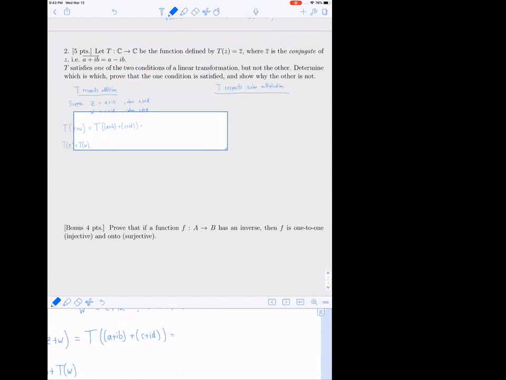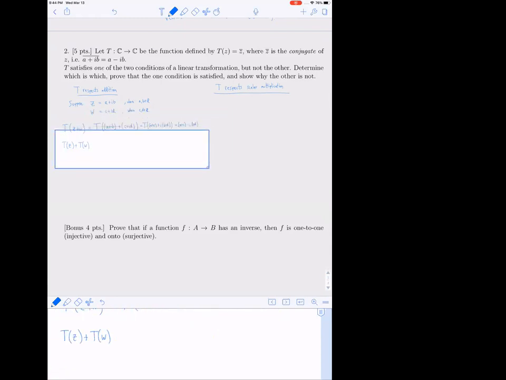And then we can rearrange this complex number into one real part, a plus c, and one imaginary part, b plus d. And now we can see exactly what T does. It switches the sign between the real and the imaginary part.